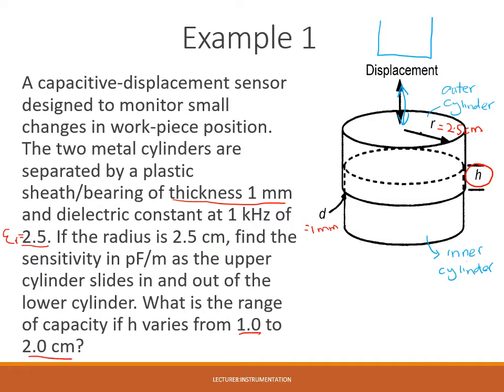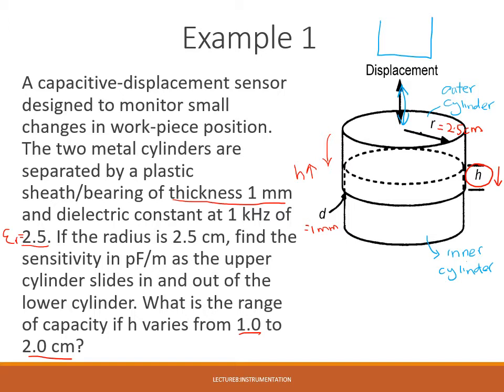So let's look at this sensor. If the outer cylinder is moving up, meaning the H will decrease. If the outer cylinder is moving down, then it will cause H to increase.